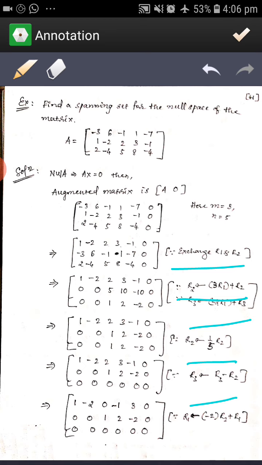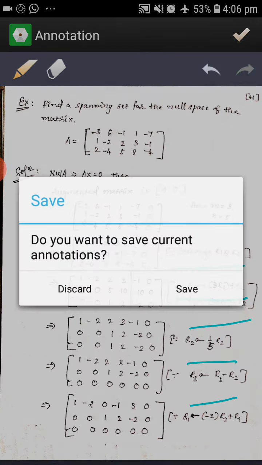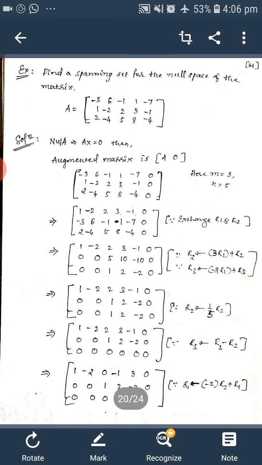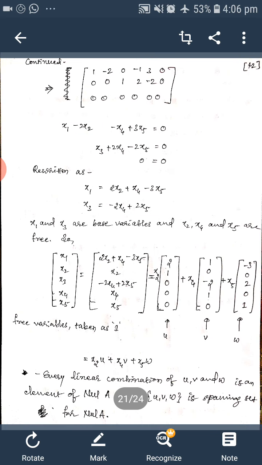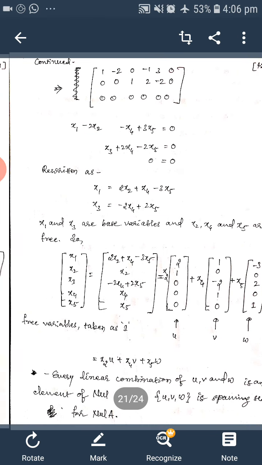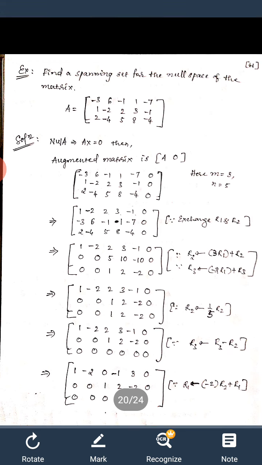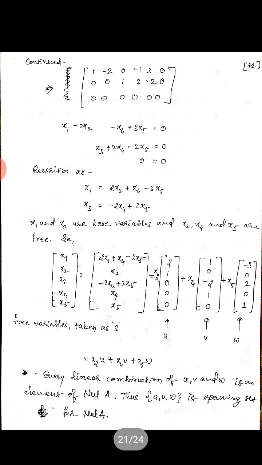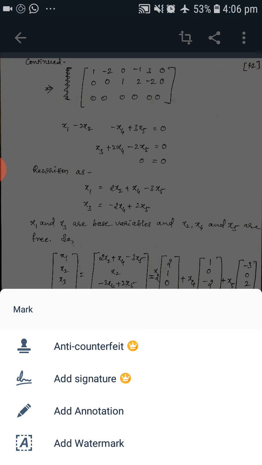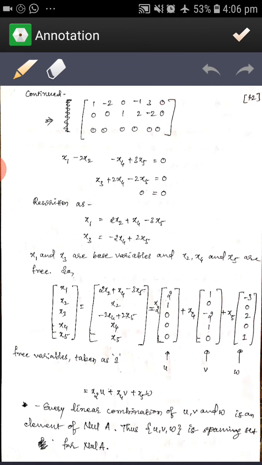After doing the row echelon matrix, the row reduced echelon matrix, we can see by doing all those things that this is a pivot column, and this is a pivot column.